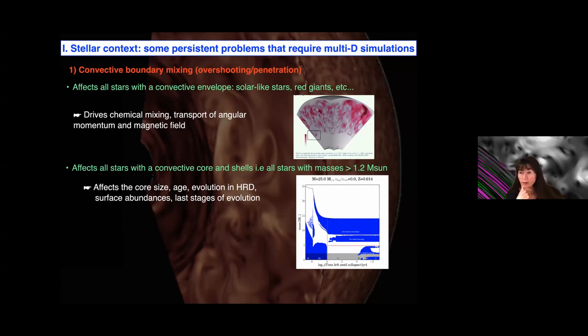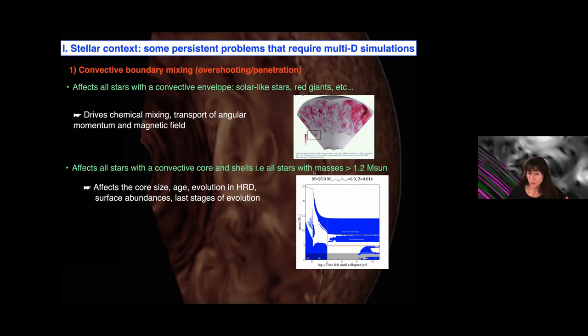One big problem in stellar evolution is what we call convective boundary mixing, also called overshooting or penetration, which affects any star that develops a convective envelope, like the sun. You have convective penetrating flows across the convective boundary, which can drive chemical mixing, transport of angular momentum, and is very important also for the generation of magnetic fields.